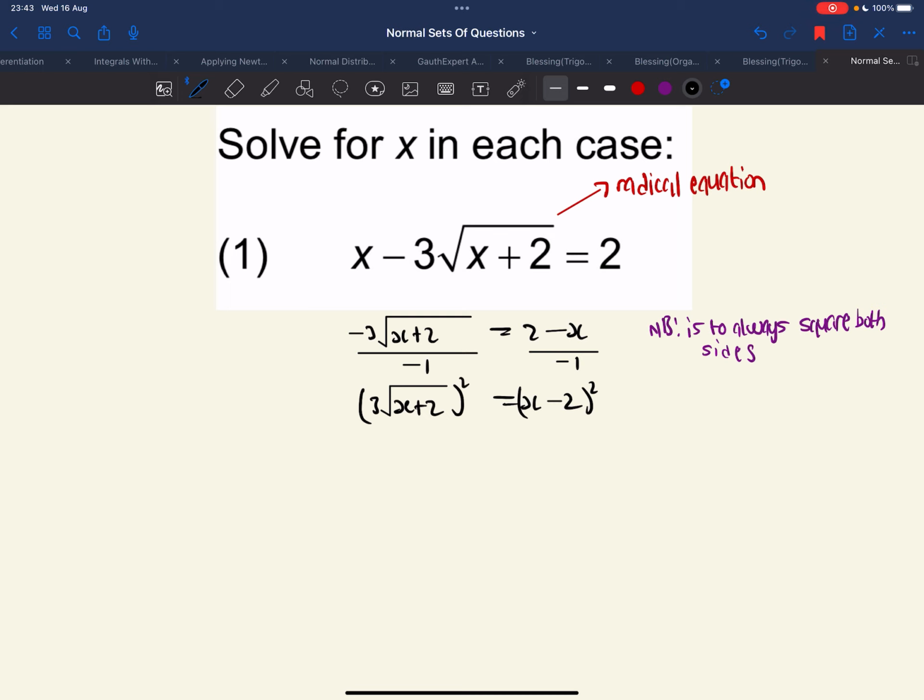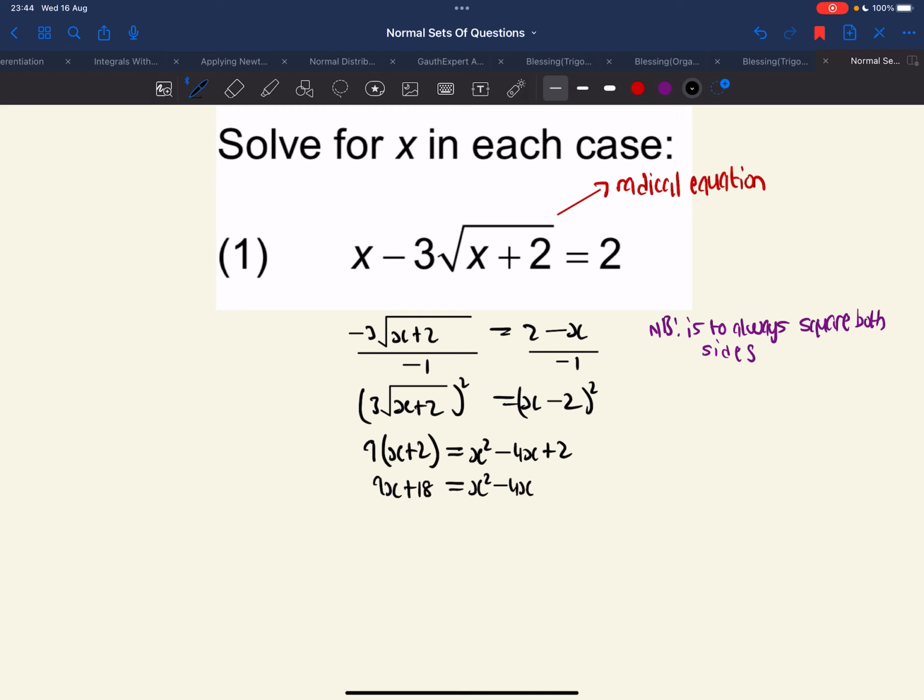If you do, here you should get 3 squared, open bracket x plus 2, close bracket. On the right, seeing that it's a perfect square, we can say x squared minus 4x and all of that plus 4. So 9x plus 18 equals x squared minus 4x plus 4.